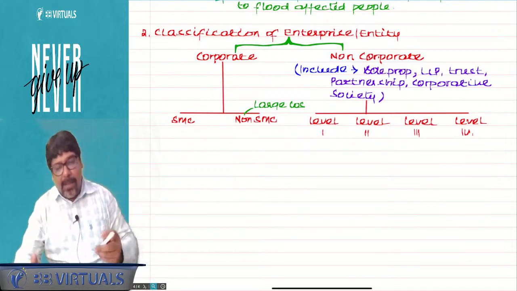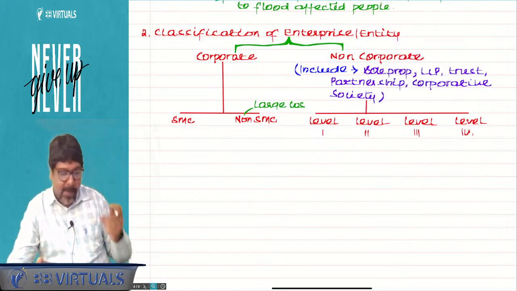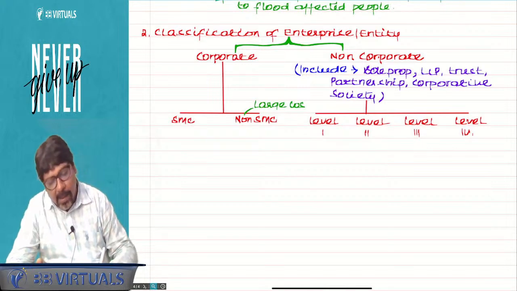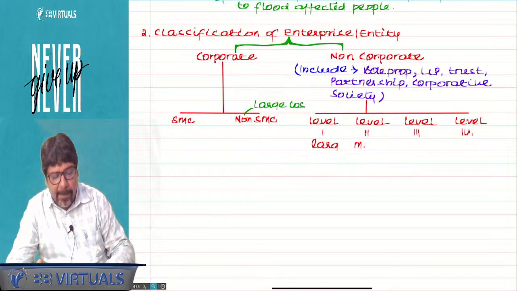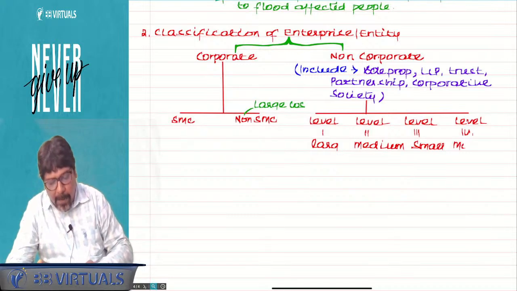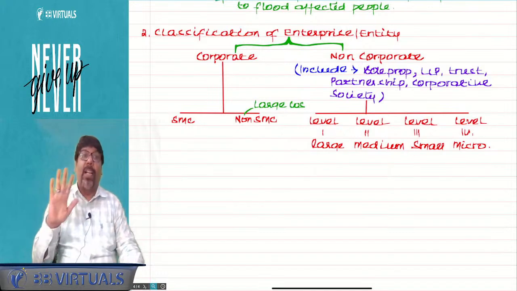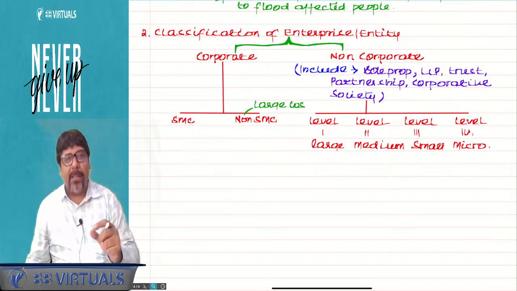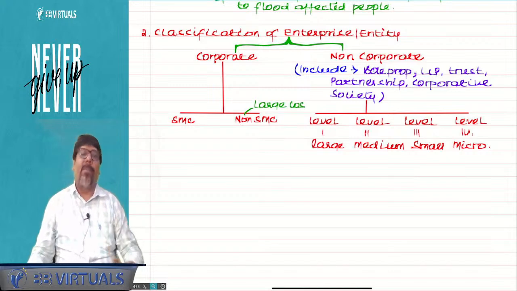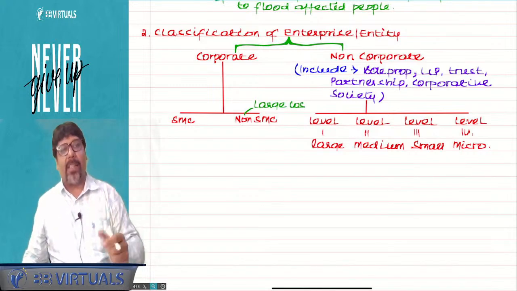So this is basically called large, medium, small, and micro. So now you'd be understanding: large has no relaxation or exemption. Medium has little relaxation. Small has more relaxation.